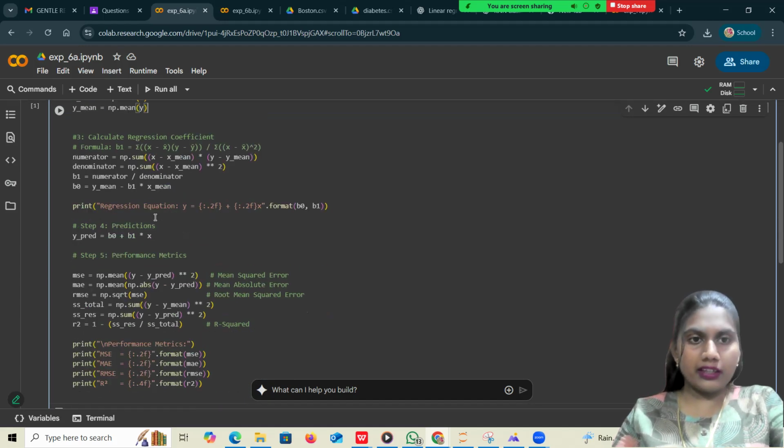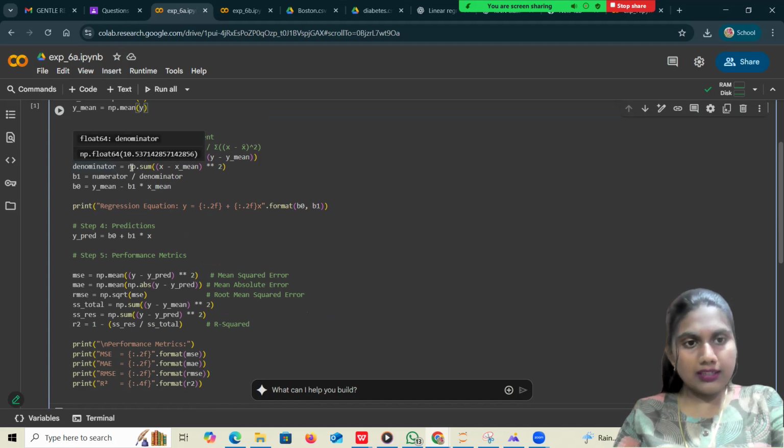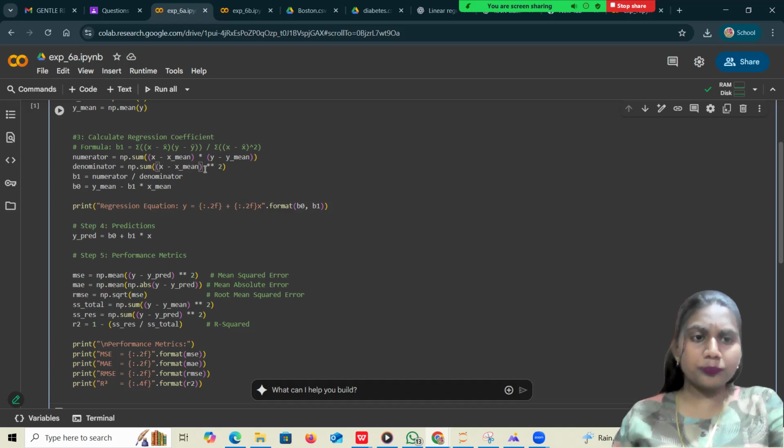To calculate the regression coefficient, we have the formula that b1 is equal to summation of (X minus X bar) into (Y minus Y bar) divided by summation of (X minus X bar) whole squared. So the numerator is np.sum of (X minus X mean) into (Y minus Y mean), and the denominator is the sum of (X minus X mean) power 2.